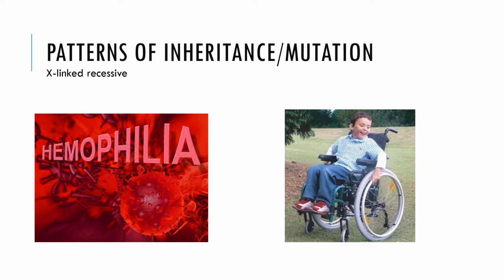Daughters of affected males can be carriers, and sons may be unaffected unless the mother also was a carrier. The two examples here are hemophilia and Duchenne muscular dystrophy as well. Now, there are some X-linked dominant disorders. Don't worry about that; those are very rare. But do know that the X-linked recessive are usually in males.